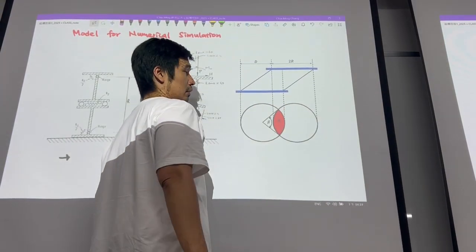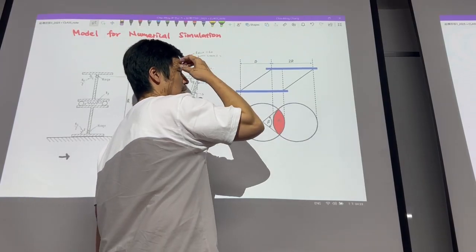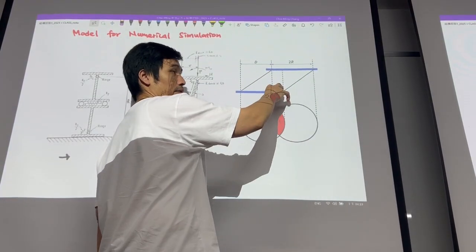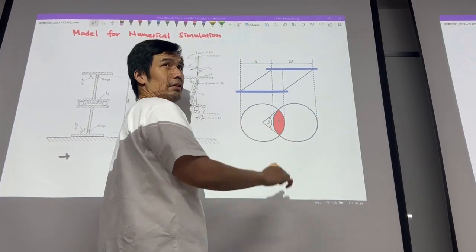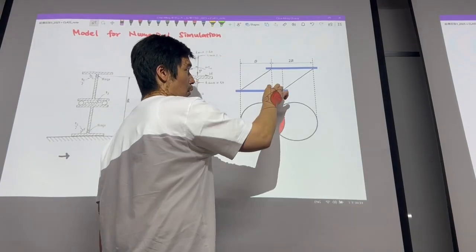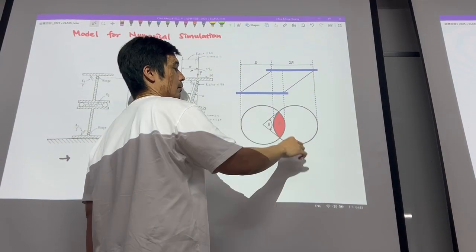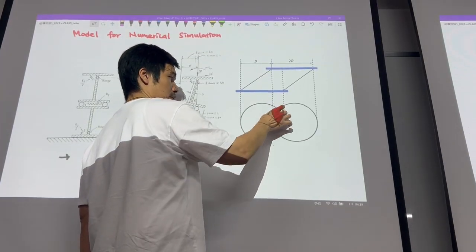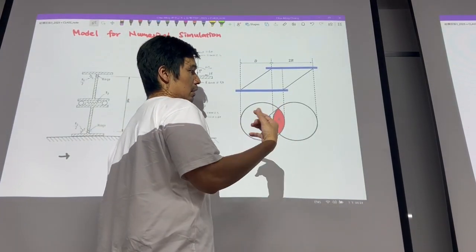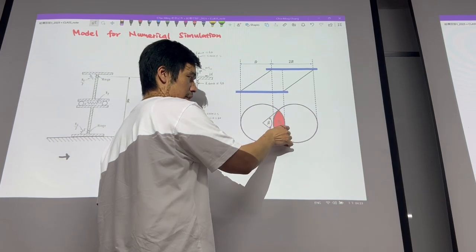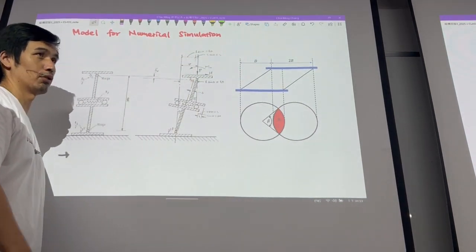So that will be the unit for both the top plate and the bottom plate, or here to here. Okay. So when you want to use the area for the shear force, only this red can contribute to the shear force.